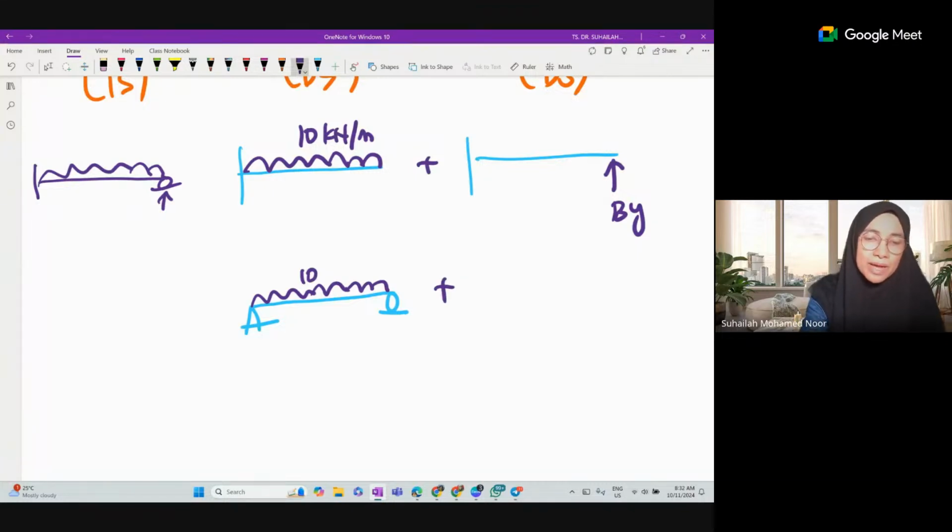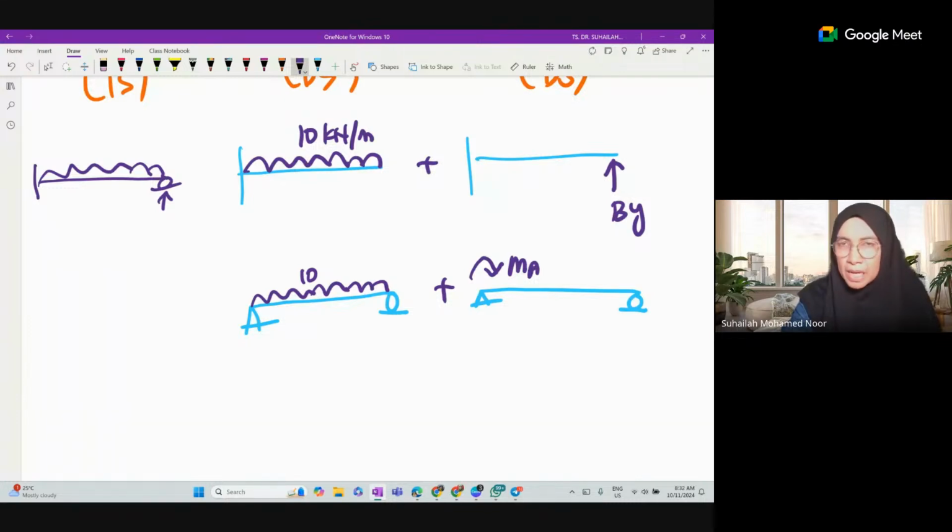We will have another simply supported beam, but on this simply supported beam we apply the moment here. This is the moment that we removed. This is the idea of the principle of superposition.